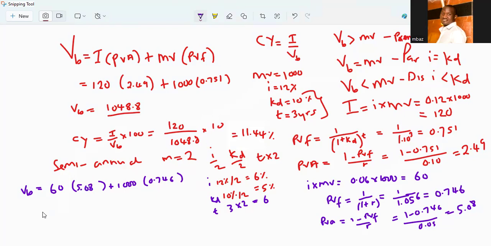So what is the value of the bond when you calculate it? I'm getting 1050.8. 1050.8.